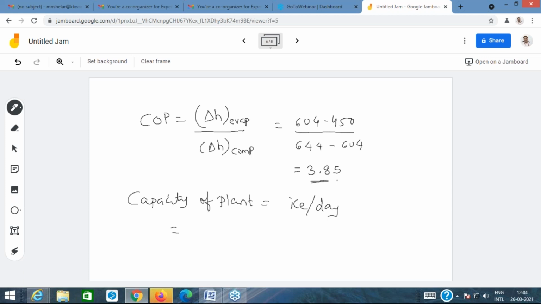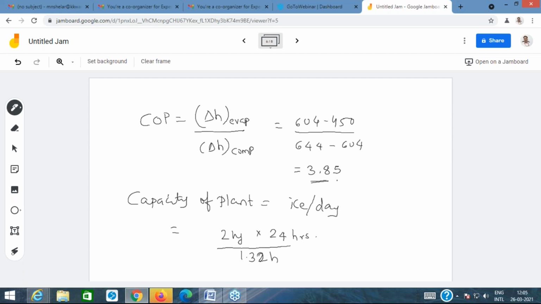This quantity of water was 2 kgs, and over a 24-hour cycle, upon the time period required for forming this 2 kgs of ice. So for 2 kgs, we had required 1.32 hours.